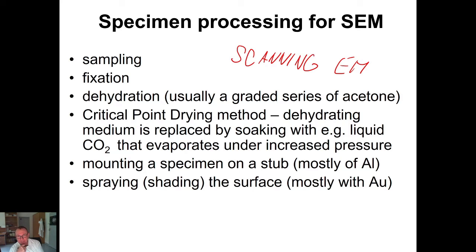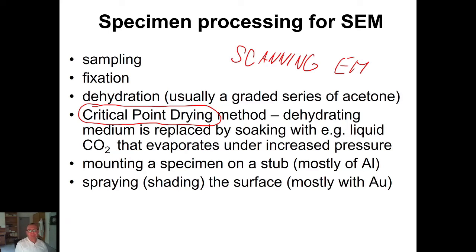So after dehydration, which is usually very similar to the dehydration for the transmission electron microscopy, there is a new special step, critical point drying, during which the specimen is dried by evaporation of liquid carbon dioxide under increased pressure. So we need a special machine for this.